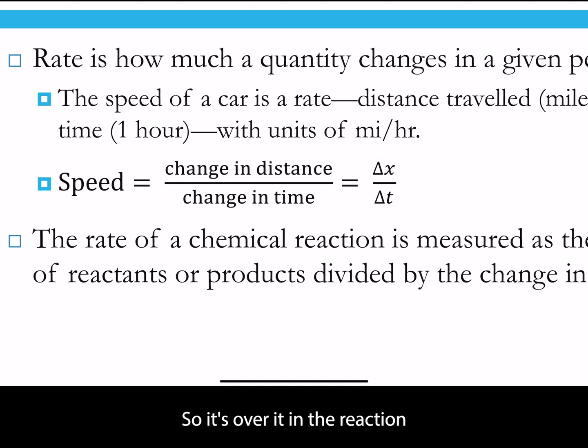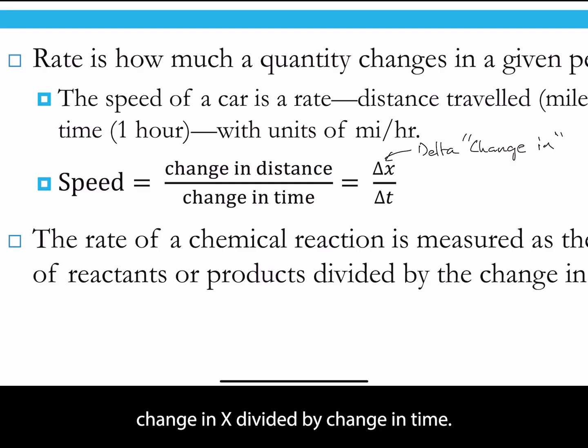So it's over it in the equation. And if you haven't seen it before, the triangle here is capital delta, which just means change in whatever comes next. So we can abbreviate that and say change in x divided by change in time.